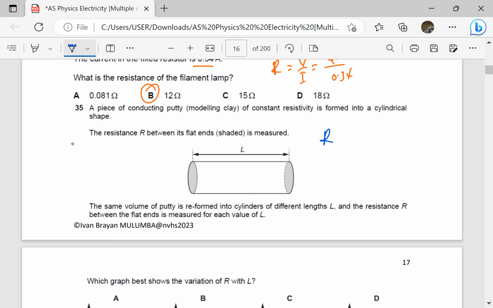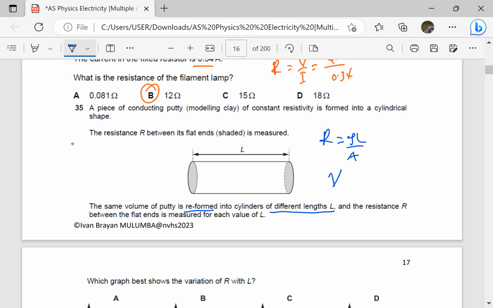We know that resistance is equal to rho L over cross-sectional area. The same volume of putty is reformed into cylinders of different lengths L. That means the cross-sectional area must change.